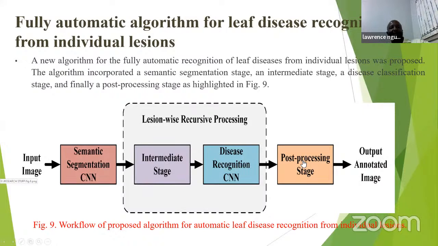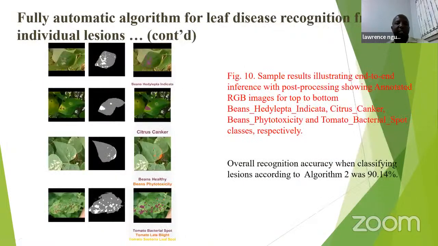And in the post-processing stage, we label the RGB image as per the decision of the classifier. So this was the output from this model: given the input color image, we segmented it to get the pixel maps that are in the middle column here.